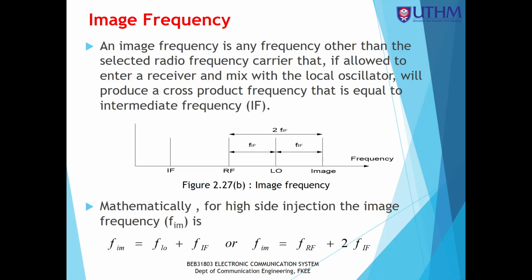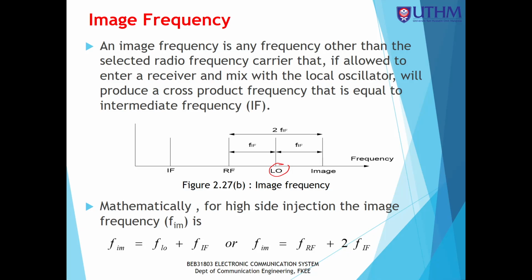So image frequency is actually a mirror to the radio frequency that we receive from the antenna. So that's why, because we already know our local oscillator frequencies, we need to control the amount of RF frequencies that we receive so that we are not producing image.